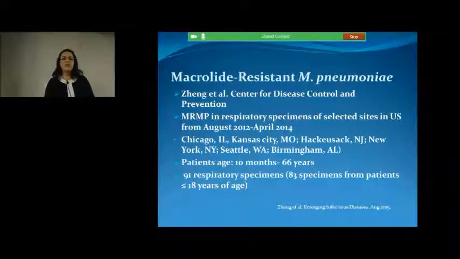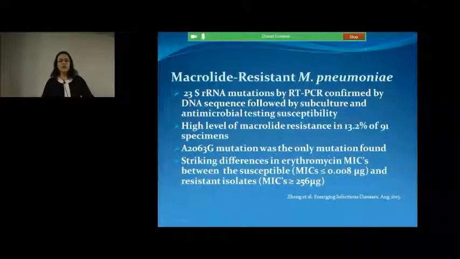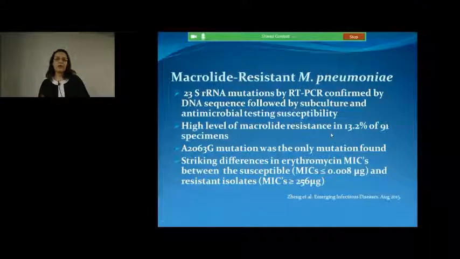They used real-time PCR to detect the mutations on the 23S ribosomal RNA, and they confirmed the findings with DNA sequencing. Then they subcultured the positive specimens to do the antimicrobial susceptibility testing. They found a high level of macrolide resistance, more than 64 micrograms per ml, in 13.2% of the 91 specimens.